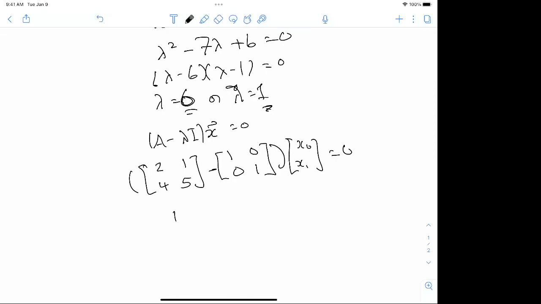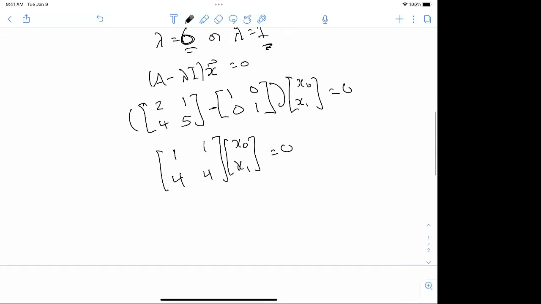So 2 minus 1 is 1. 1 minus 0 is 1. 4 minus 0 is 4. 5 minus 1 is also 4. And now I can multiply that out, and that says that x0 plus x1 equals 0, or x1 equals negative x0. So I can choose any value of x0 I want, and if I choose x0 to be 1, then x1 is minus 1.